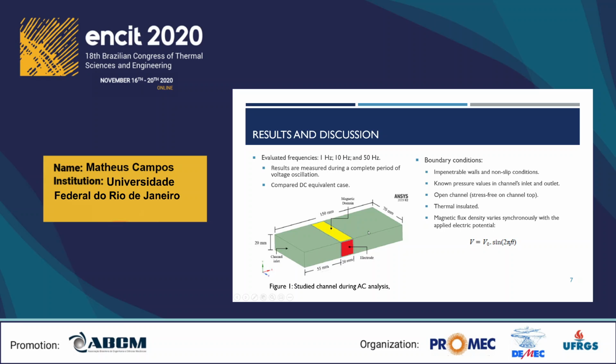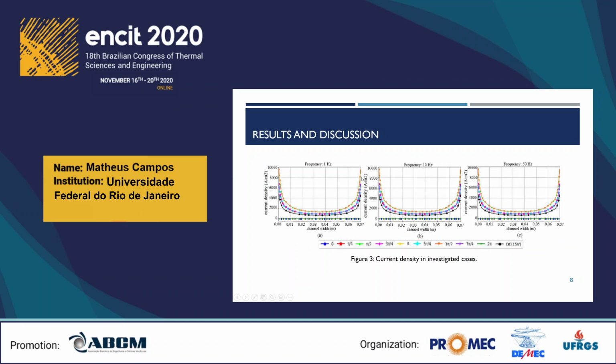Current density, Lorentz force, velocity and temperature are evaluated along the channel's width in the pump outlet, while the pressure is evaluated along the channel's length close to its center. Here for current density you can see that this profile is formed and repeats for every frequency, and there is no significant difference between the values.